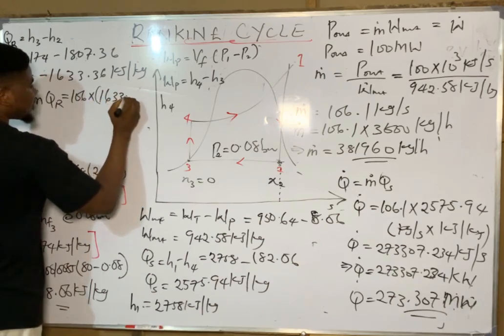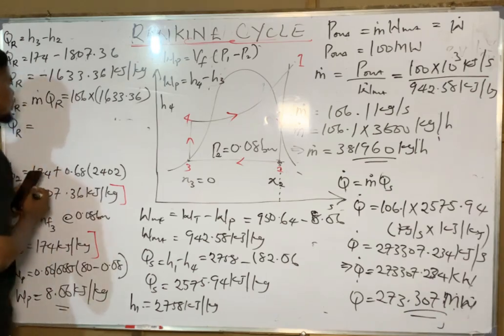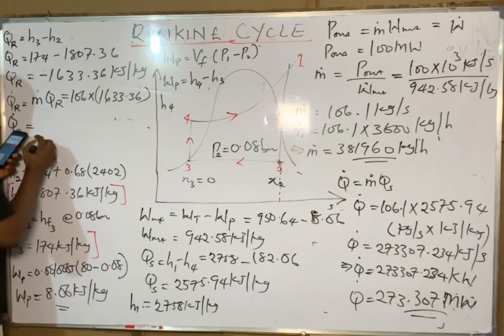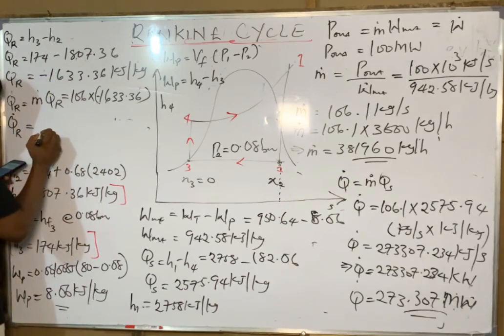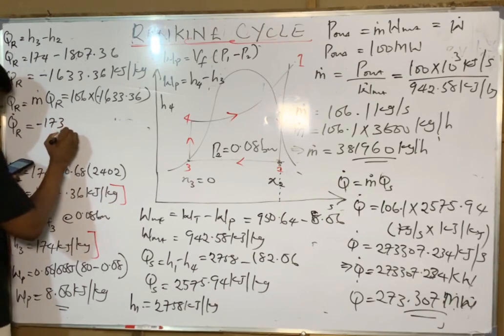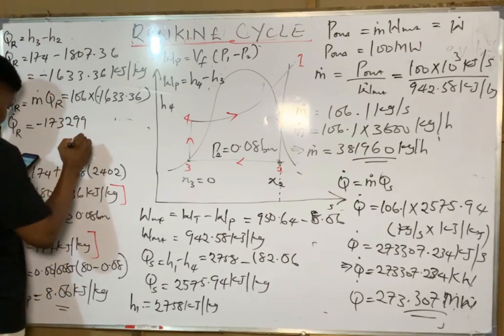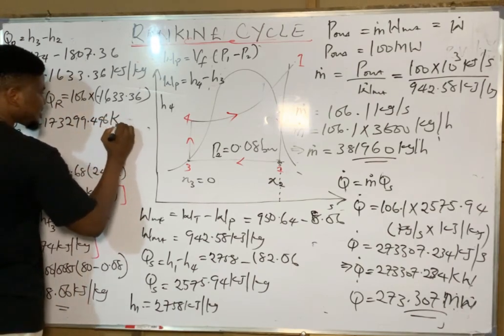So we multiply by 1633.36, and our heat rejection rate is equal to this value multiplied by 106.1. If you include the negative sign, you have negative 173,299.496, and this is now in kilowatts.